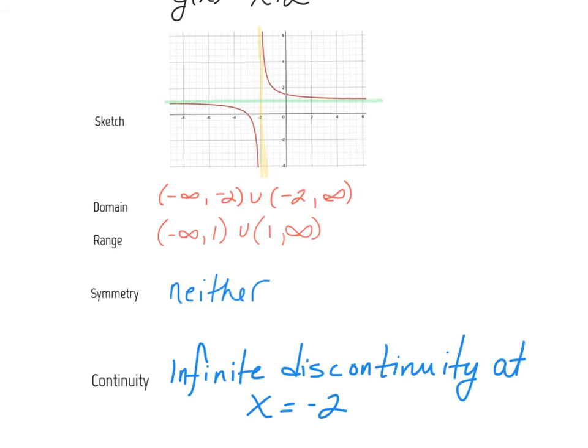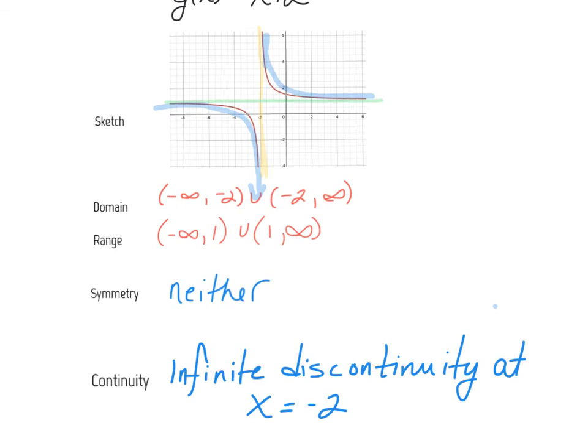Now, where is this function increasing or decreasing? Well, let's take a look at this. I'm going to highlight here in blue. As I move from left to right, this function is decreasing, decreasing, decreasing. But then it jumps up to here and continues to decrease. So how do I write that?